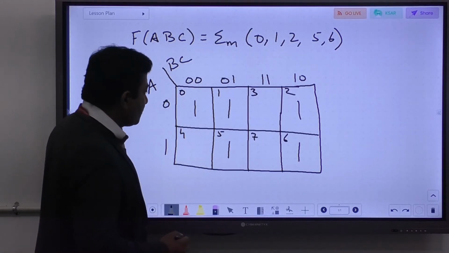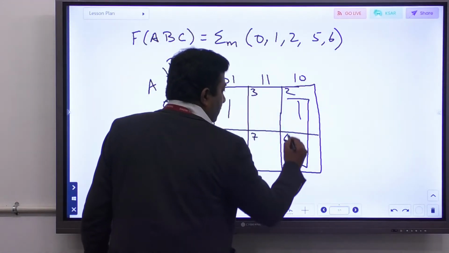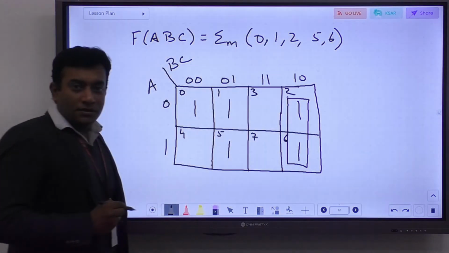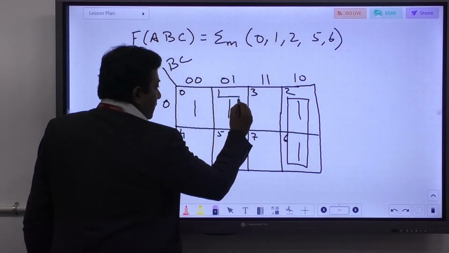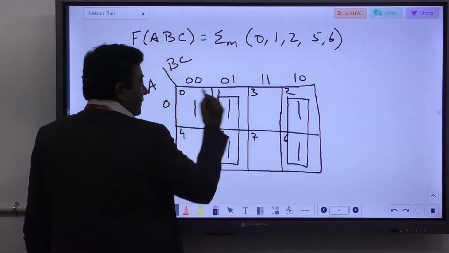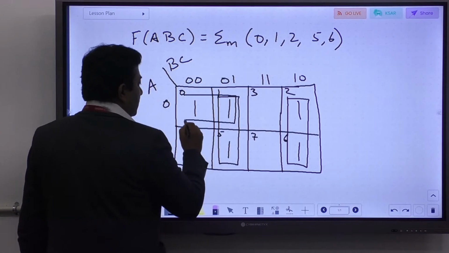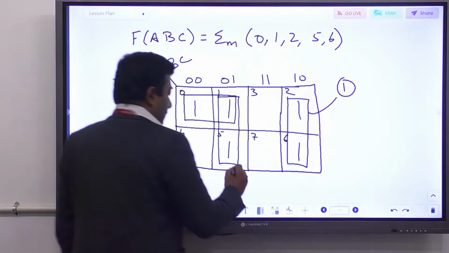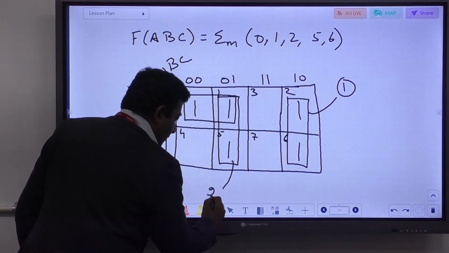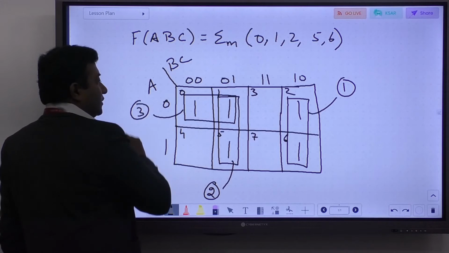So in this case, we can group this, we can group this, and we can group this. Let this be our first group, this one our second group, and this one our third group.